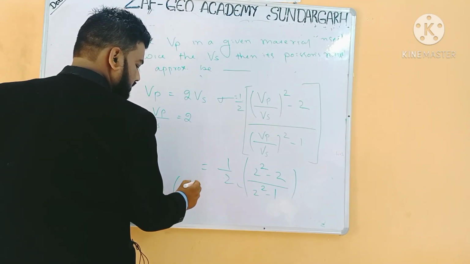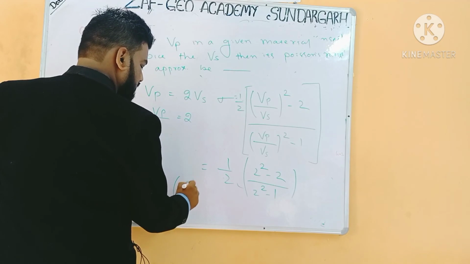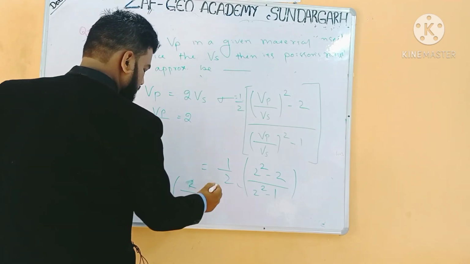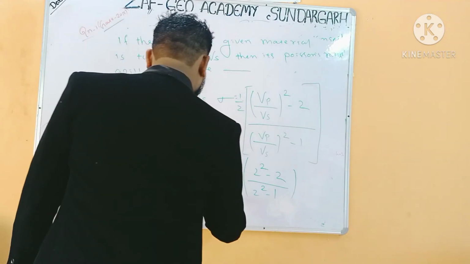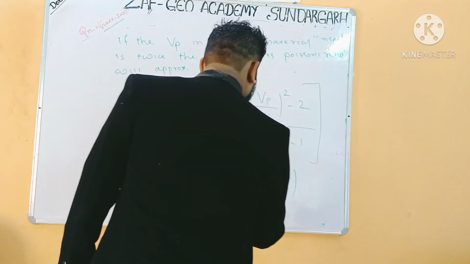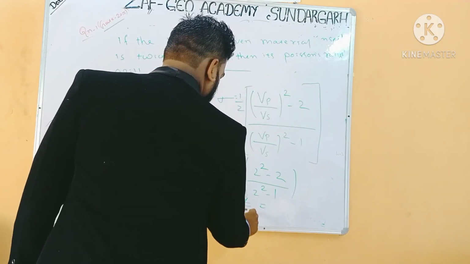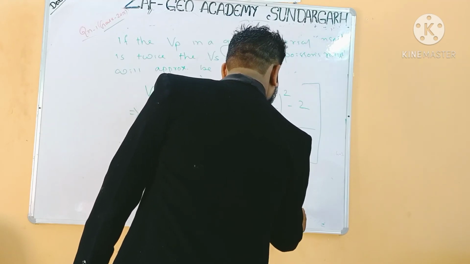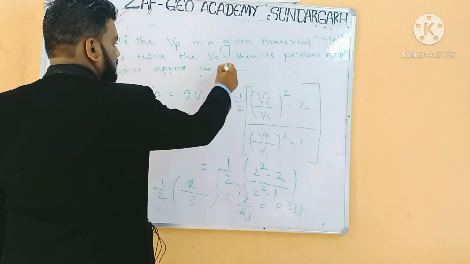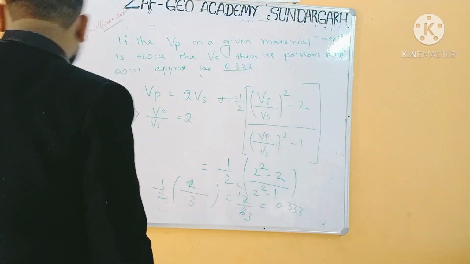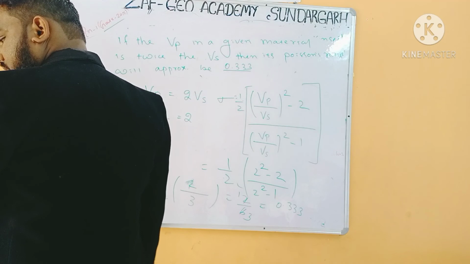The numerator will be 4 minus 2, that is 2, and the denominator will be 4 minus 1, that is 3. So the answer is 2 by 6, which is 1 by 3, equal to 0.333. So the answer will be 0.333. This is unitless, being stress over strain.